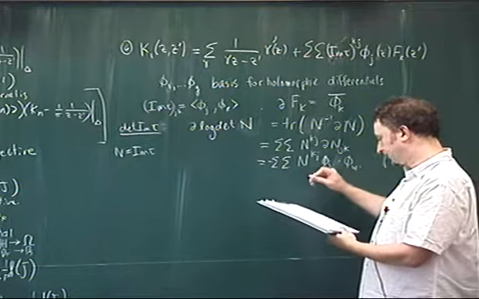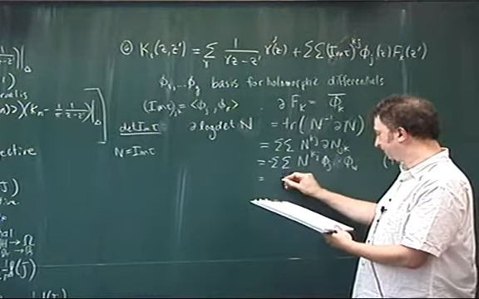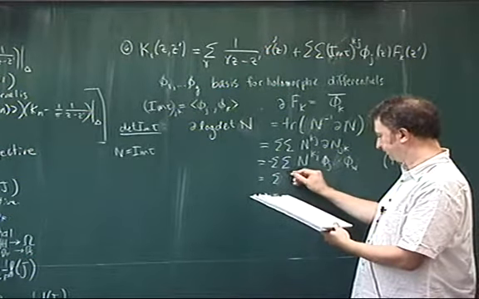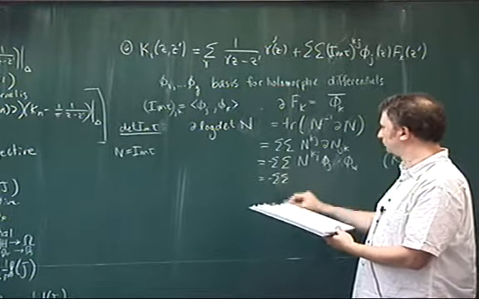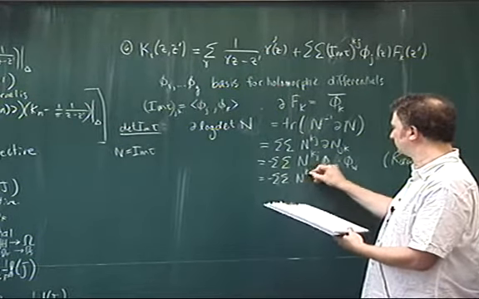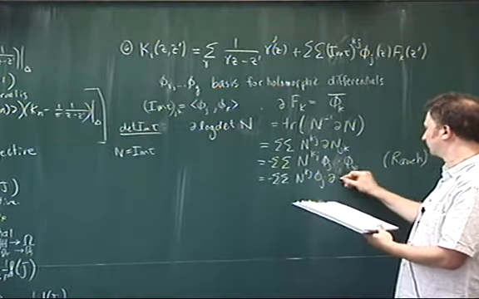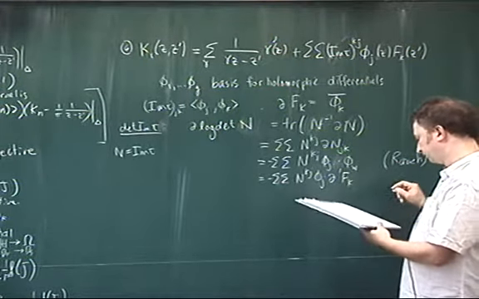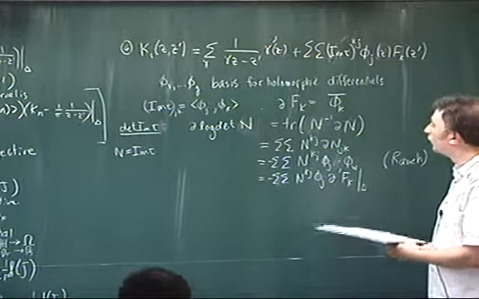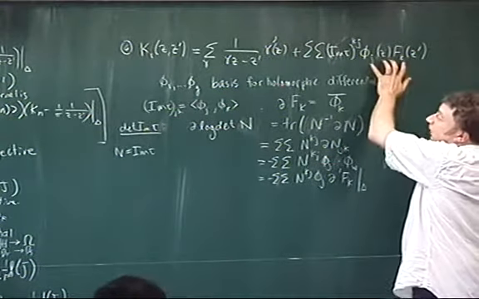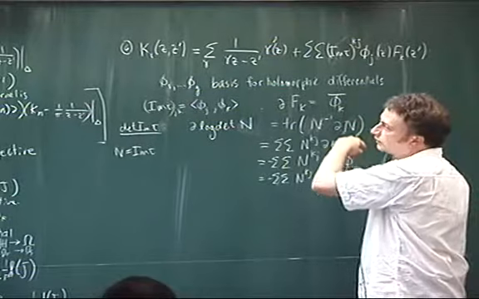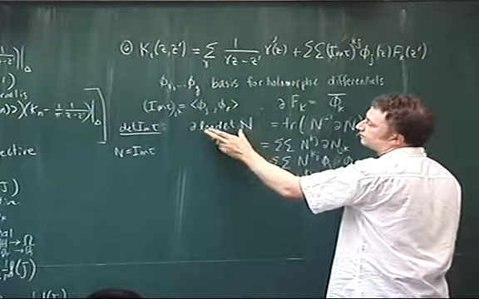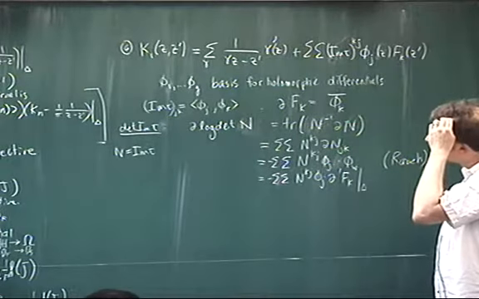So if you take d prime of this and you put it on the diagonal, you get this expression, which is the variation of the log determinant.